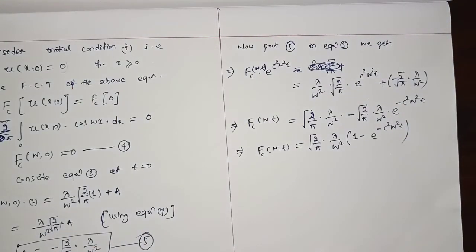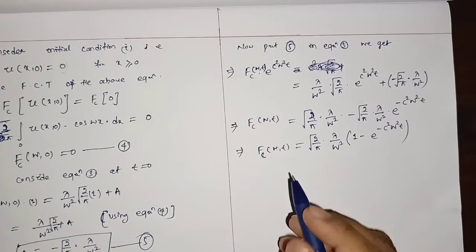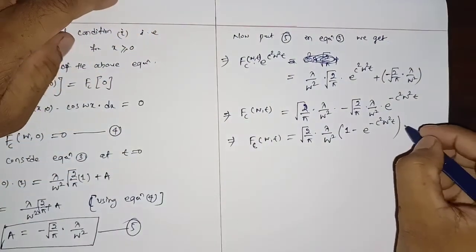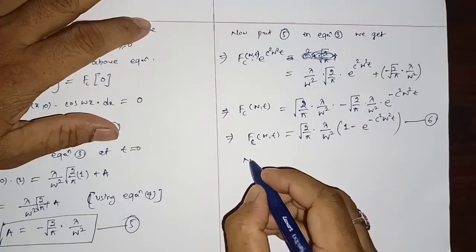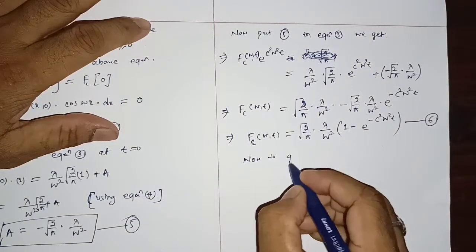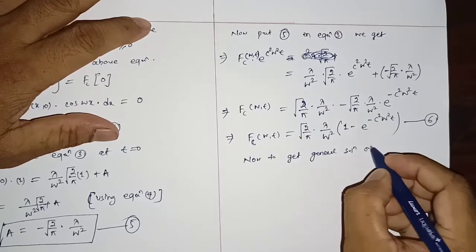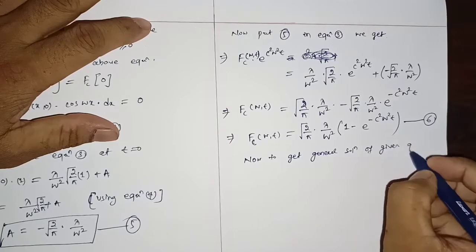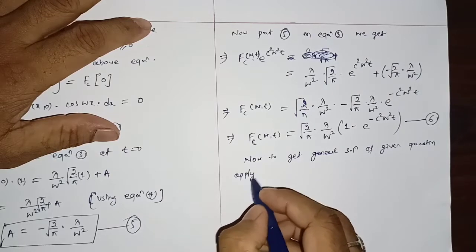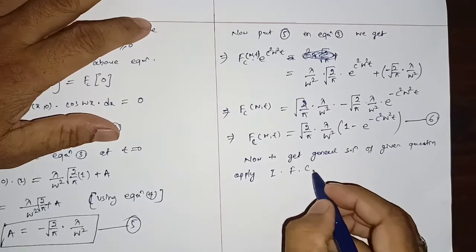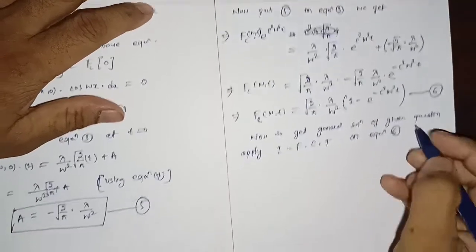Now we have to apply inverse Fourier cosine transform on this equation number 6. So let this be your equation number 6. Now, to get the general solution of the given question, apply inverse Fourier cosine transform on equation number 6.